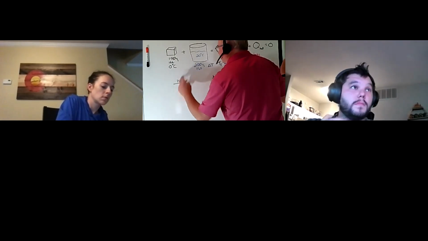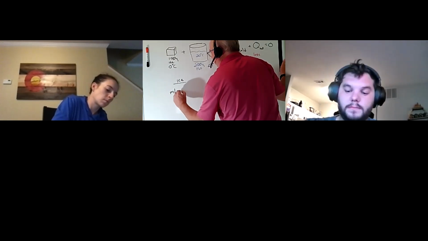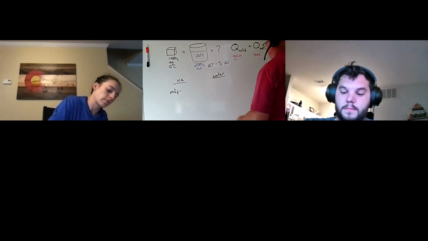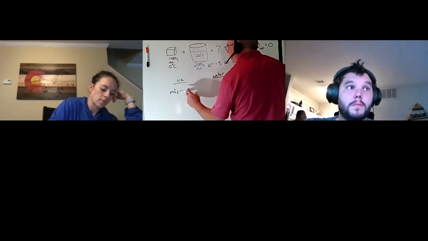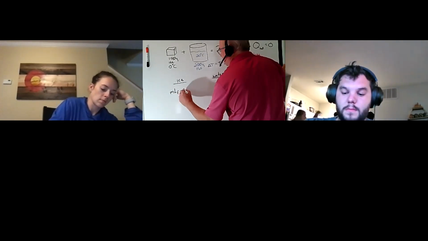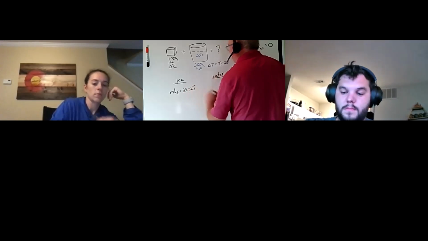But so with 100 grams, MLF for the ice is going to look like this. That's going to be 0.1 kilograms times 333 kilojoules. So that's going to be 33.3 kilojoules.